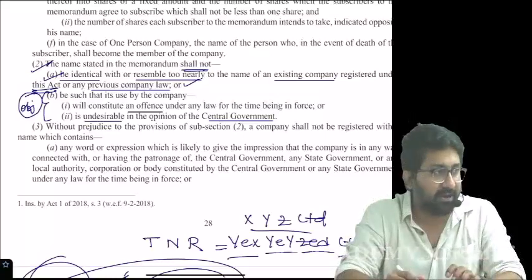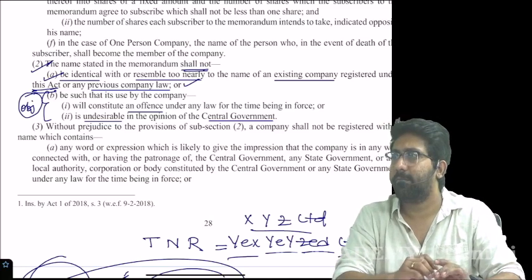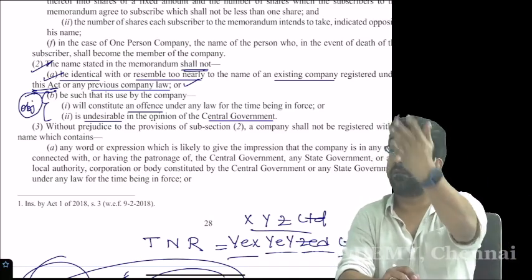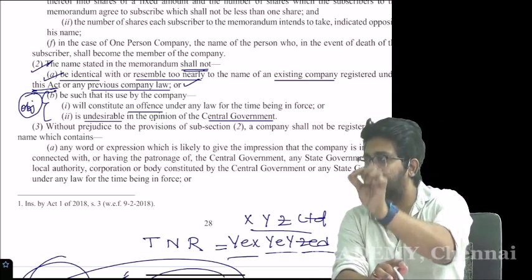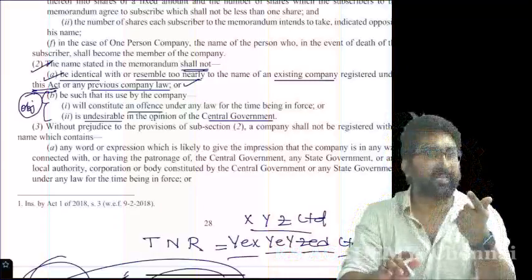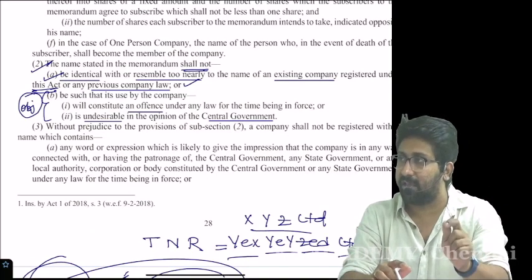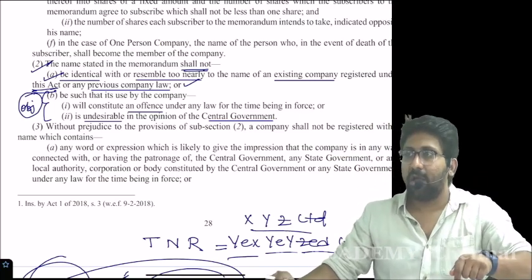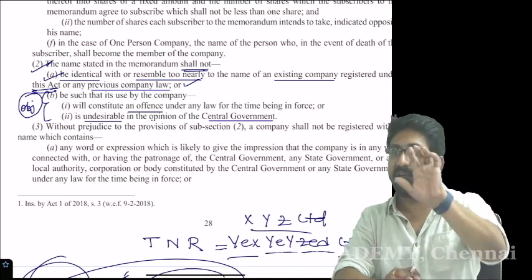First point, everyone, understood? Tell me, how should the name not be? 1, 2, 3, start. The name of a company shall not be identical or too nearly resemble the name of an existing company, when that existing company is incorporated either under this act or under previous company law. Fantastic. This is the answer.